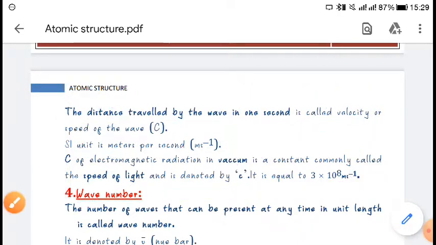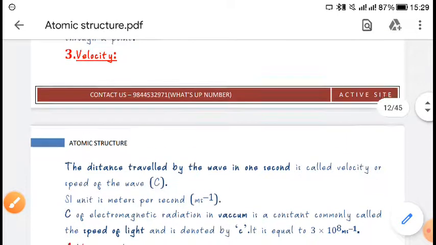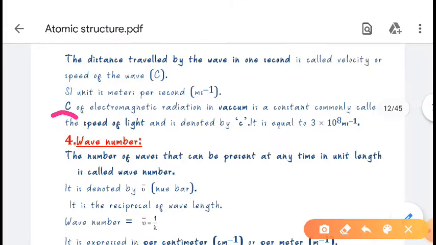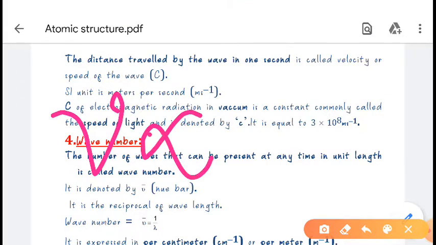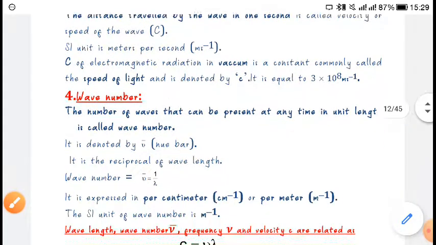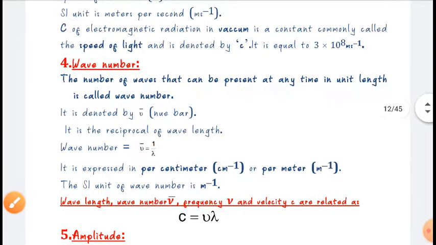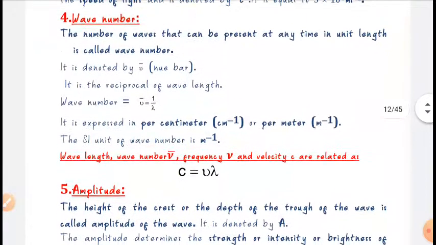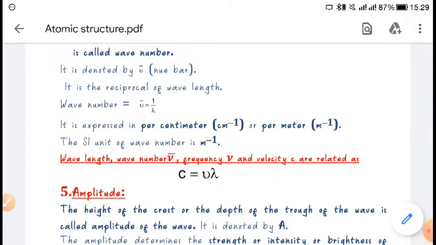Now one more thing we can write: since mu, the frequency, is inversely proportional to lambda, mu is proportional to 1 by lambda. Now after this, wave number, which is denoted like this.